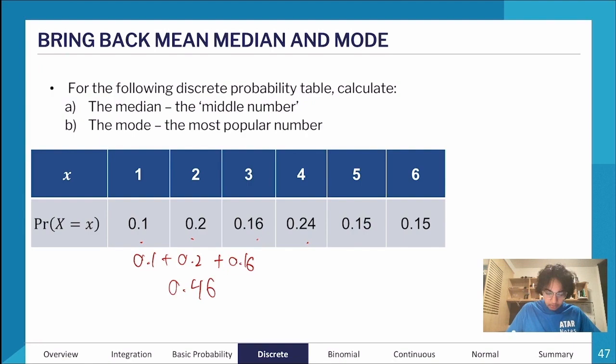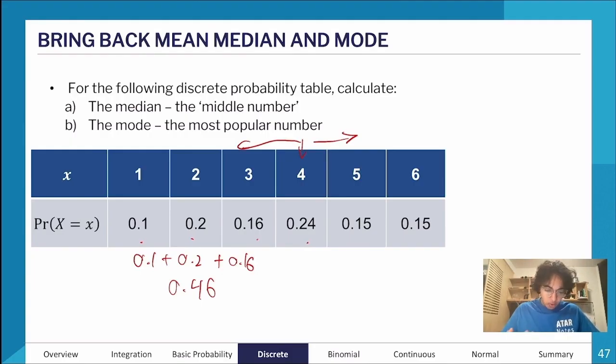And then I can add the 0.24, and that's going to be greater than 0.5. So clearly the median is between 3 and 4, but since I'm dealing with discrete variables, I can't have a thing between 3 and 4. So I'm going to say 4 is my median, because 50% lies below and about 50% lies above.